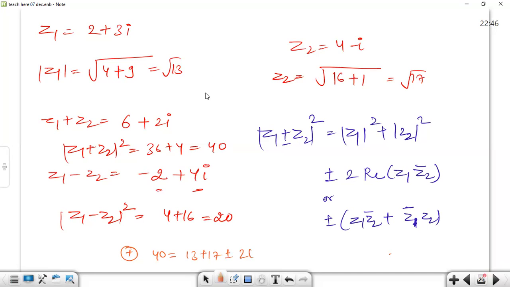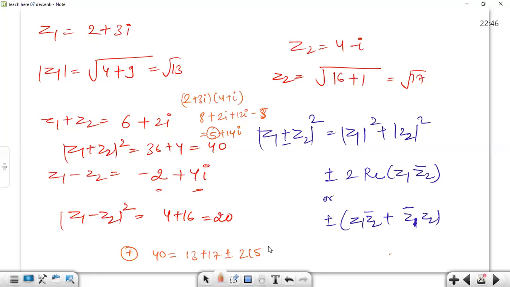Basically, what is z1 into z2 conjugate? It is 2 plus 3 iota into 4 plus iota. That becomes 8 plus 2 iota plus 12 iota minus 3 into iota square, which makes it minus 3. That is 5 plus 14 iota. The real part of this is 5.